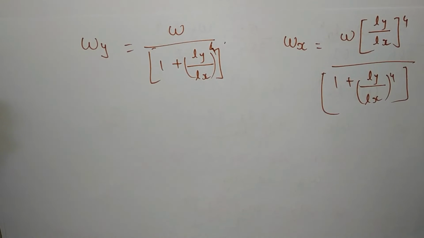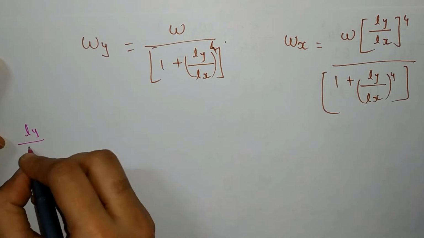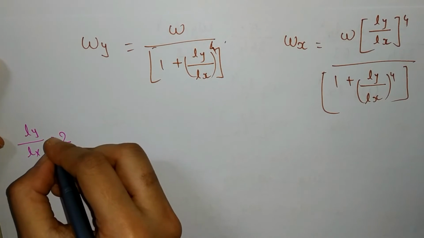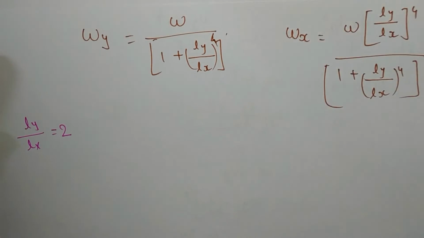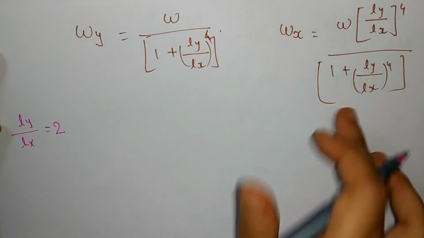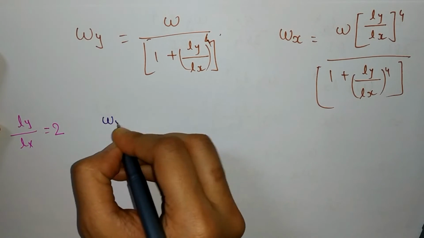Now let me assume the ratio Ly upon Lx is equal to 2. Putting this value in both equations, what about Wy? Let's calculate.